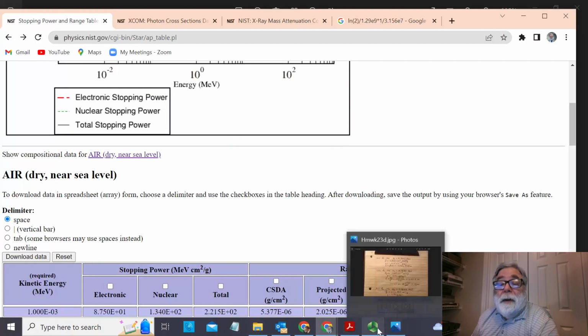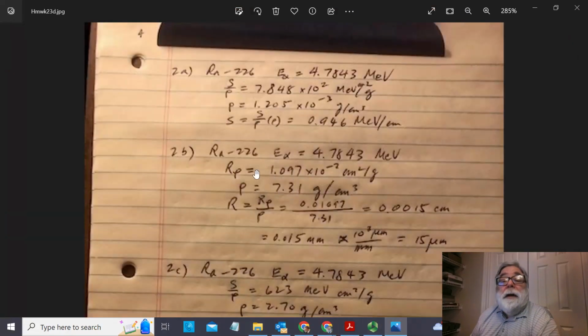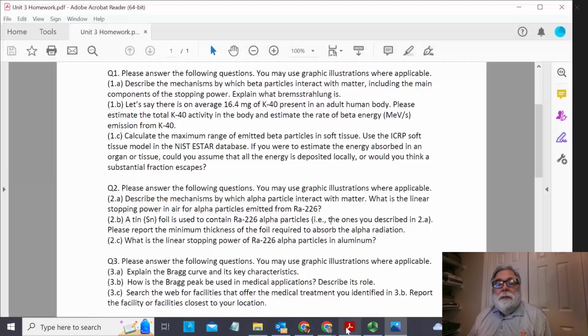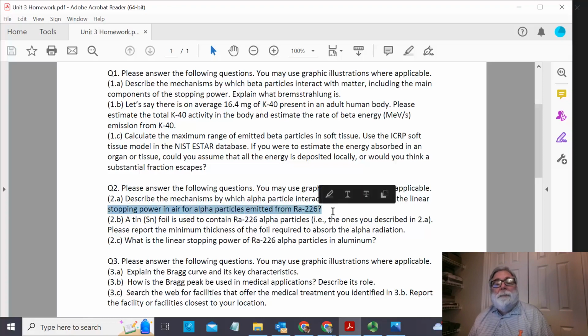I'll multiply those two out, and I get about 1 MeV per centimeter, 0.946 MeV per centimeter. So that's the answer to question 1. What is the linear stopping power in air? So we had to convert from mass stopping power to linear stopping power. That was the trick for that problem.